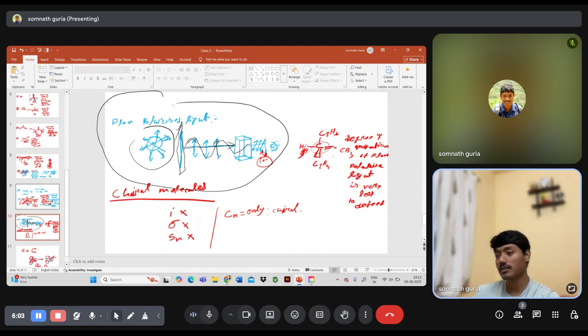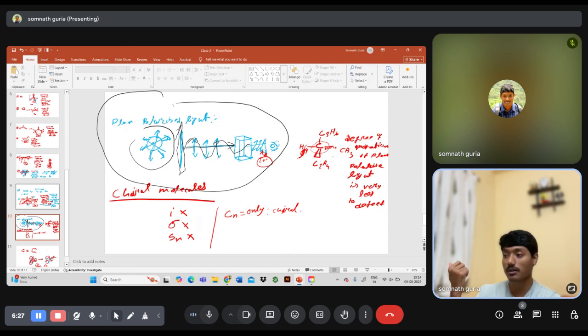So our fundamental point is that only plane polarized light can be deviated from its direction by a certain degree because of the interaction with the chiral molecule. So optical activity is found in a chiral molecule.